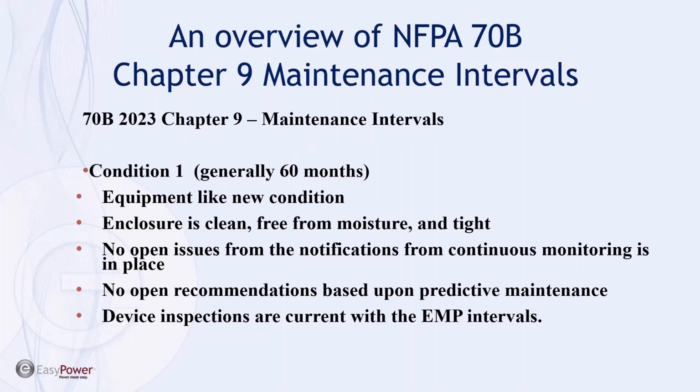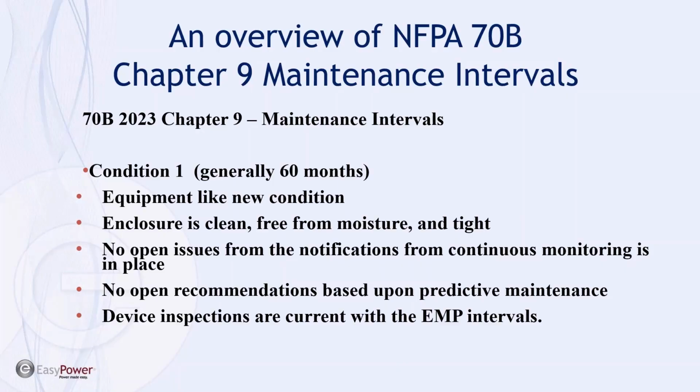So in a quick review here, the maintenance intervals of Chapter 9 are defined with conditions 1, 2, and 3. Condition 1 will generally say you can do intervals if your equipment meets this condition 1 status of, I'll just say, not to exceed or up to 5 years, that generally 60-month protocol. So equipment will be in like new condition.